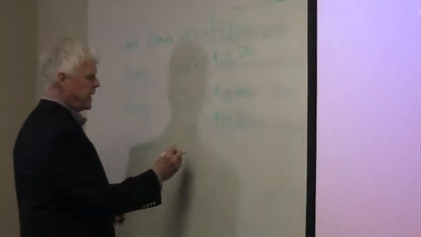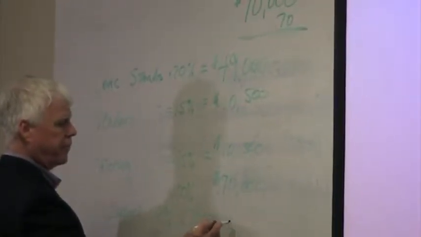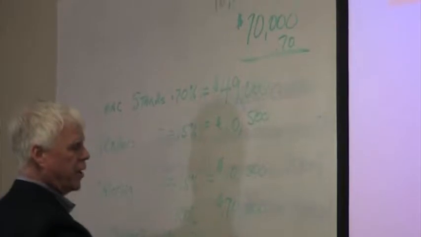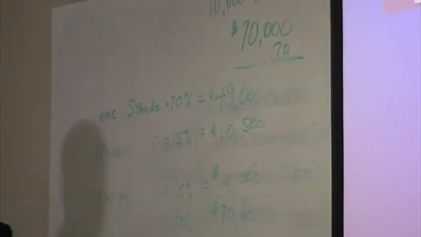What's 2% of total sales? I hope it's $1,400. Is that correct? Yep. Did you see how we got that? All right. So now, in your chart, you can put down there, support at 2% equals $1,400.